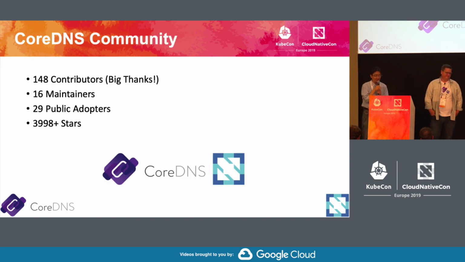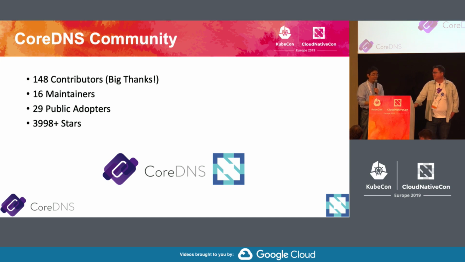I'm going to discuss some of the community updates for the past year. So first of all, we have 148 contributors at the moment. So big thanks to anyone that contributed to CoreDNS. We have 16 maintainers. We have 29 public adopters. The adopter list is actually a public adopter list, which means we only list those users that are willing to allow us to use their name.